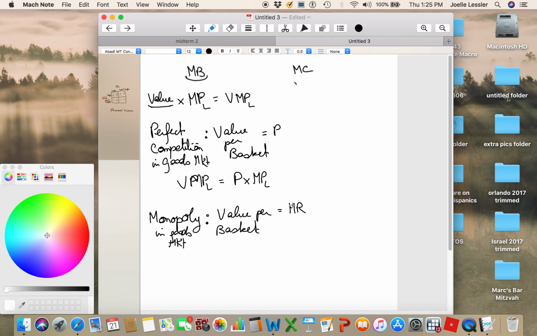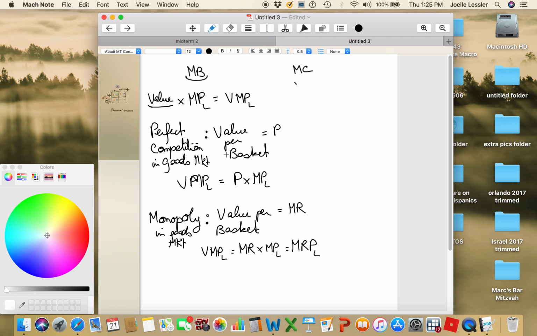If you remember, in monopoly, marginal revenue is less than price because of the price effect. Because when I sell more baskets, I have to lower the price on all the previous baskets. So if you're selling in a goods market that is a monopoly, the value of marginal product of labor becomes marginal revenue times the marginal product of labor, which we refer to as the marginal revenue product of labor.